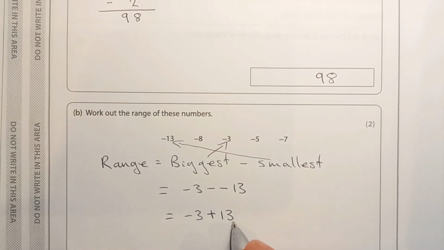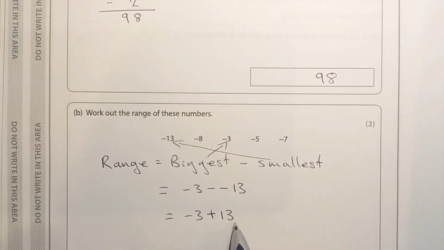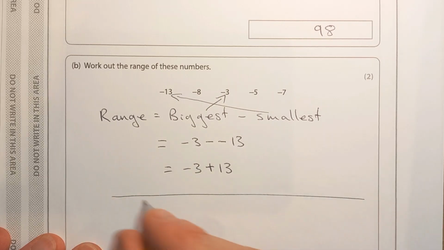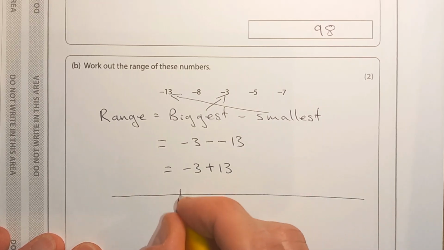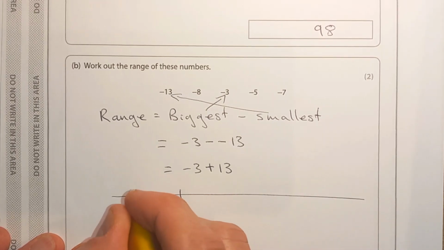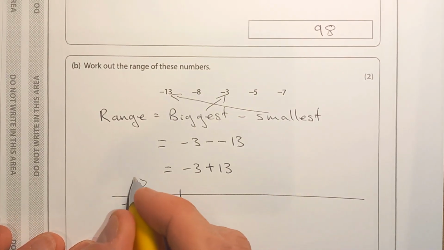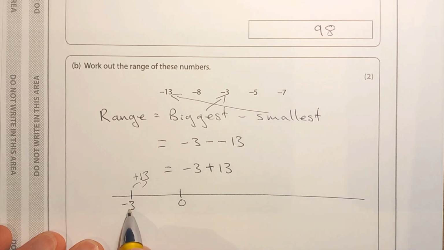So minus 3 plus 13. Okay, so what we're saying is we've got, move this up here. If we think of a number line, so we've got 0 here, minus 3 down here, and we need to add 13 onto this.